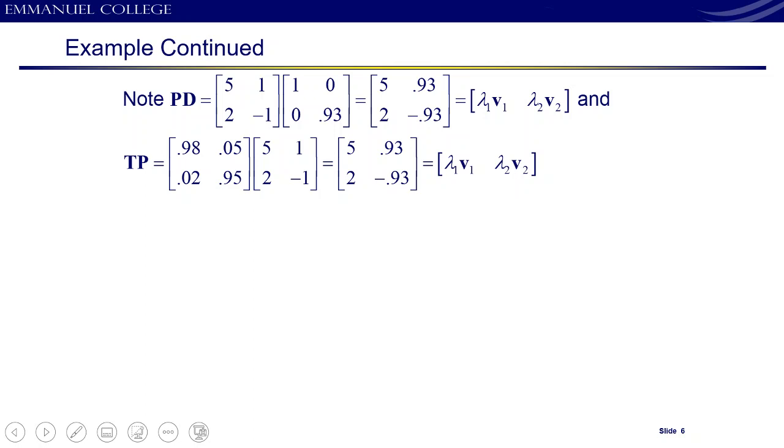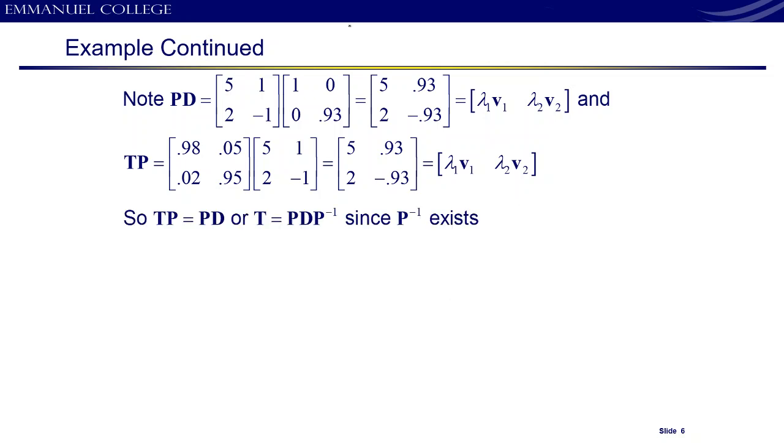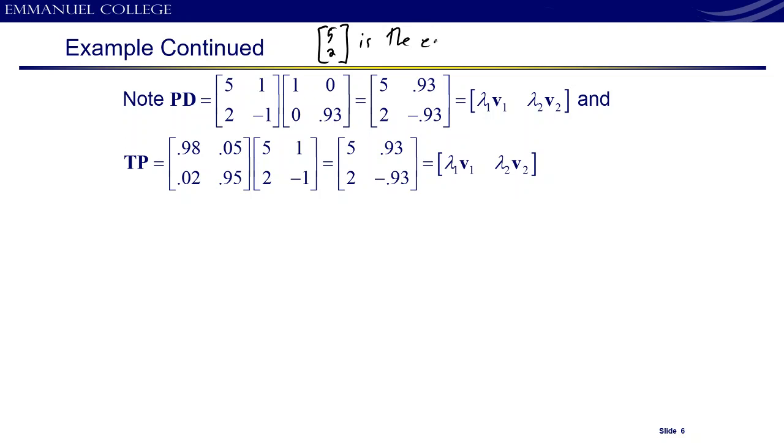If you were to do some investigation into T, what you would find is that PD is equal to lambda 1 times V1 and lambda 2 times V2, where 1 and 0.93 are the eigenvalues of the matrix T. And this first vector, 5, 2, is the eigenvector corresponding to lambda equals 1.